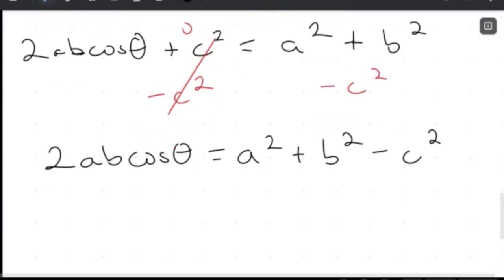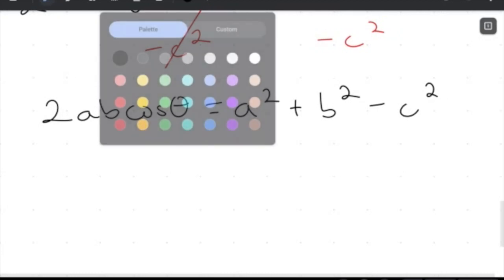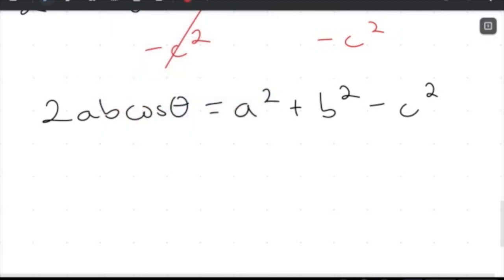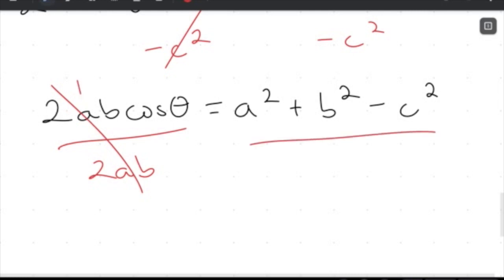Now we're almost there. It's important to note that the 2ab is getting multiplied by cos theta. So I can get it onto the other side, leaving cos theta on its own, by simply dividing both sides by 2ab. That's going to clear this, leaving us with 1 times cos theta, or just cos theta.